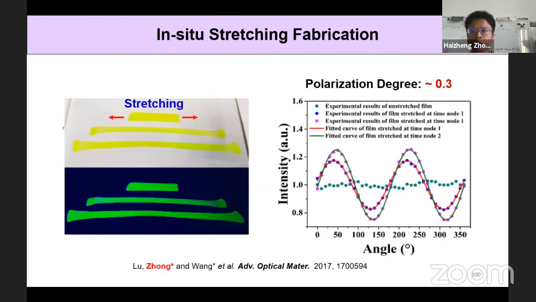By combining stretching during the in-situ fabrication process, we obtained PQD composite films with polarized emissions, and the polarization degree approached 0.3.